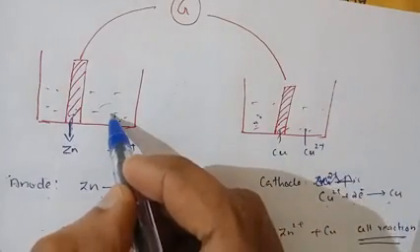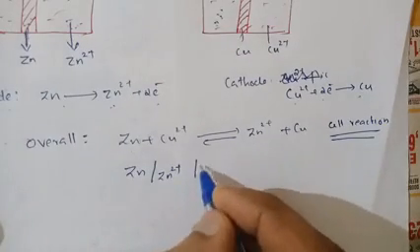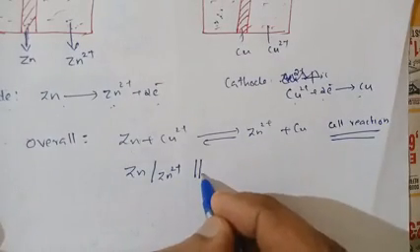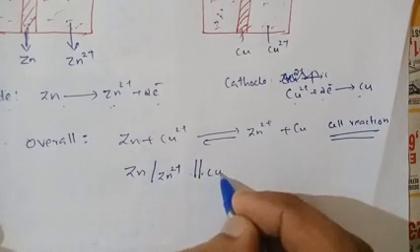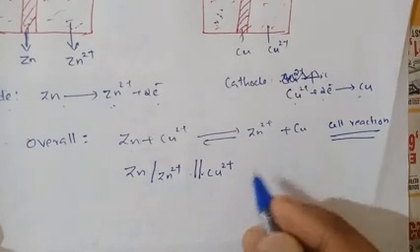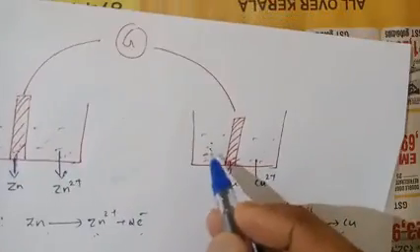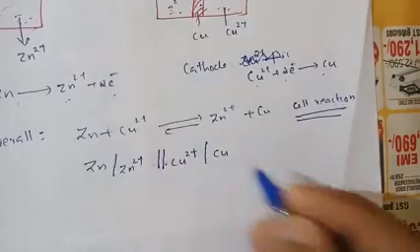This Zn2+ is connected to Cu2+ using a salt bridge, and this represents the salt bridge. Clear? Then Cu2+, and inside the Cu2+, Cu is present. So then again Cu.